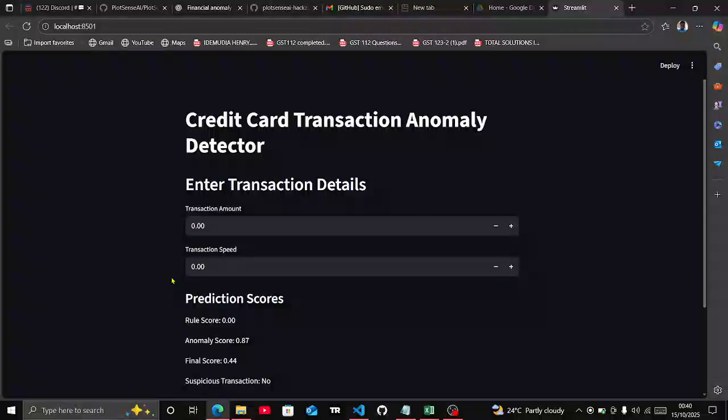It also makes use of an isolation forest machine learning model for anomaly detection, and then it combines them together to form a hybrid score to determine suspicious activity. PlotSense AI then generates automatic insights to explain the flagged transaction.